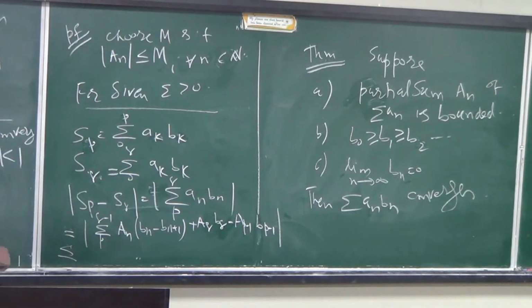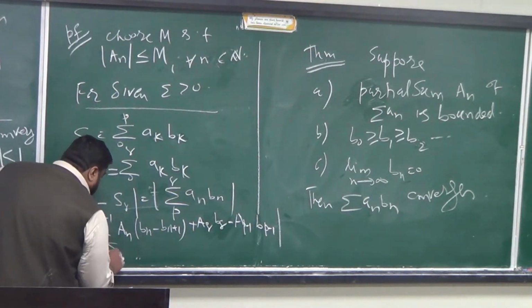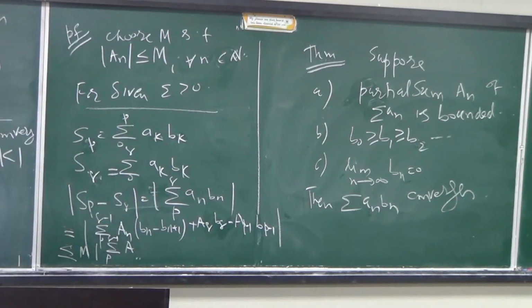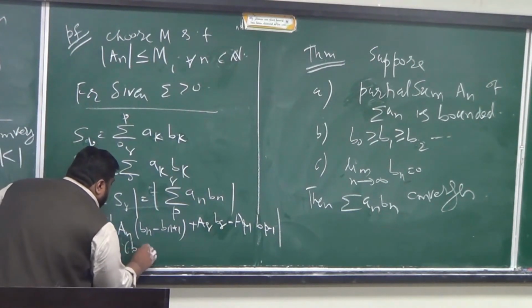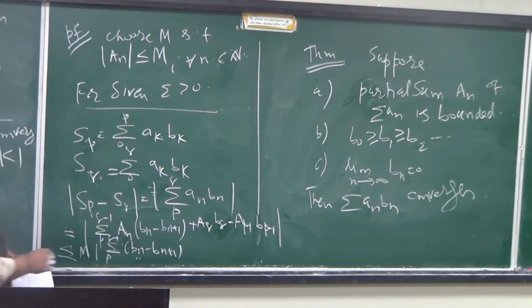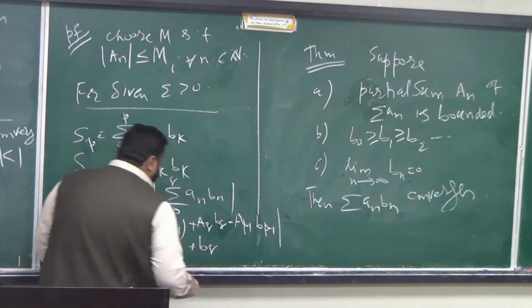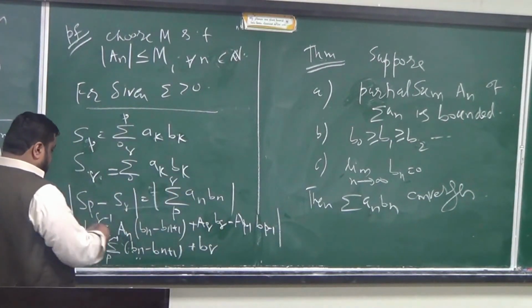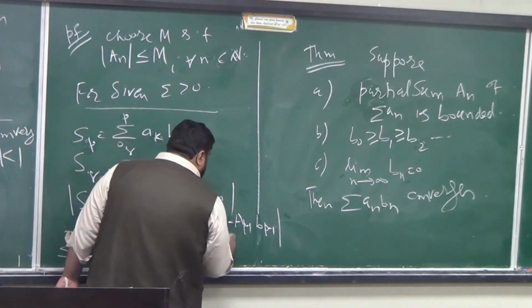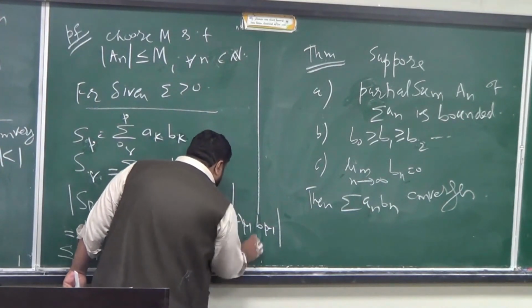So I can have M times the sum from P to Q minus 1 of Bn minus Bn plus 1, plus BQ minus BP as well.